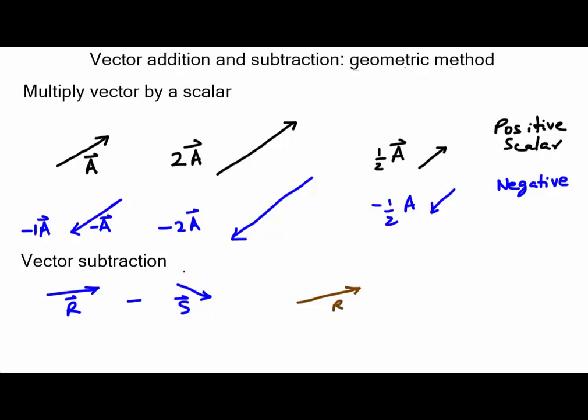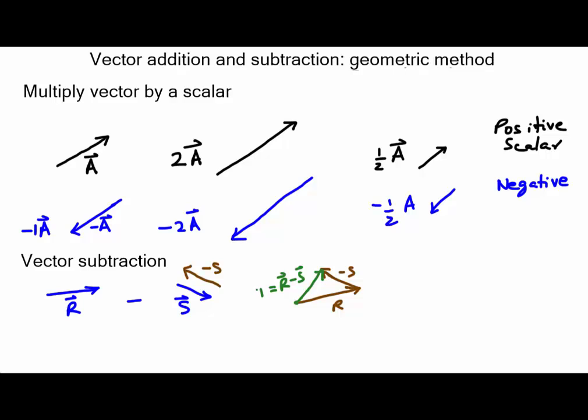And then I will simply reverse the direction of s and make it -s. And then I will add that -s to r. So in order to add it, I move its tail to the tip of r. And then my answer would be the original tail to the final tip. So here's the answer for r minus s, which is also a vector.